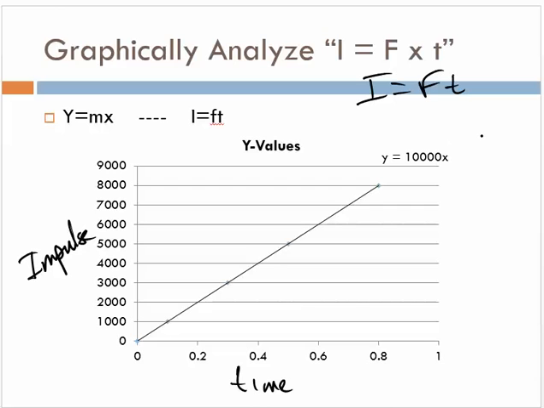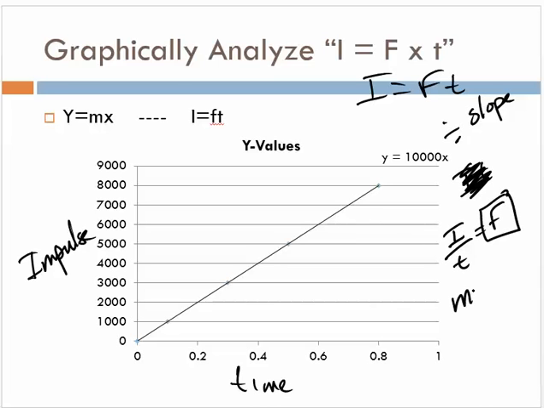You can find the area by multiplying them, and that would be I times t. And other than it spells the word it, I don't know anything else that's impulse times time. What I do know is if we divide them, that gives me the slope. And again, now impulse over time is going to be equal to the force, which means that the slope in this case is force.